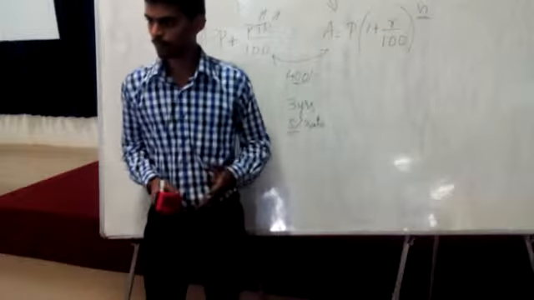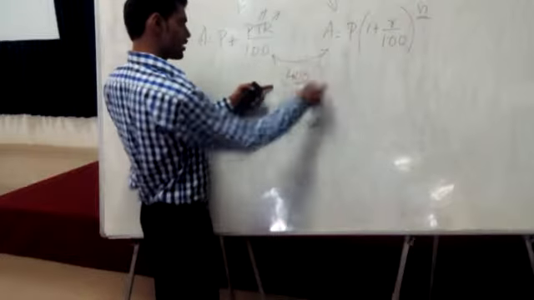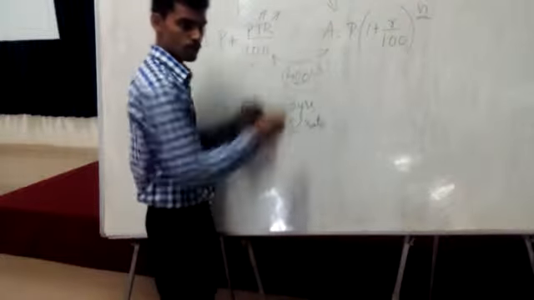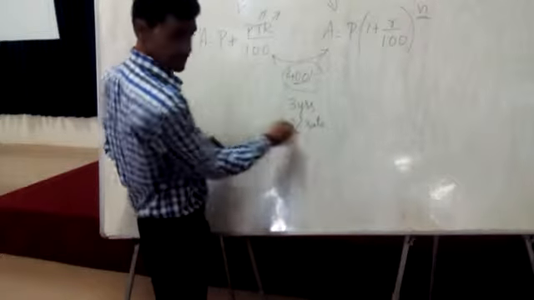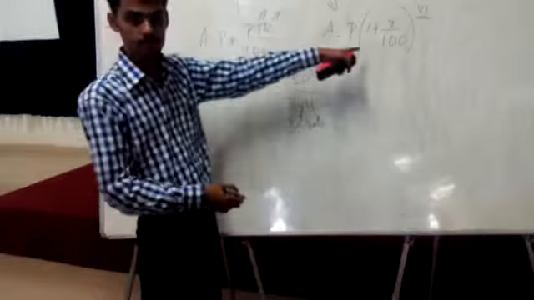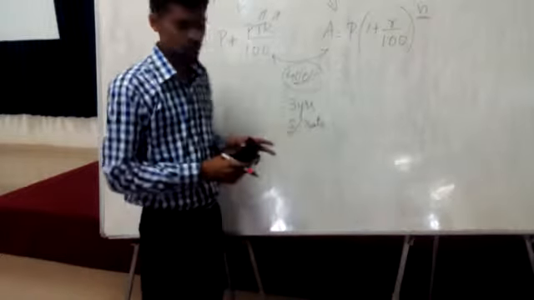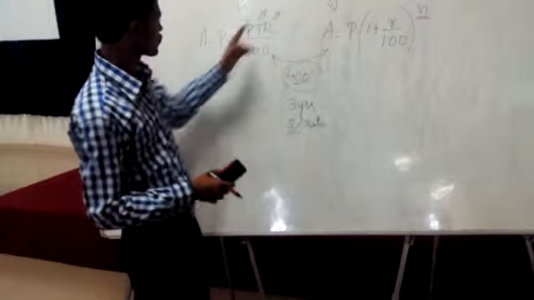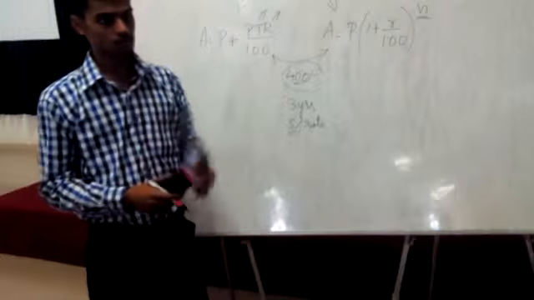Find the principal. You cannot use this 400 in either formula. This is the difference. So put 3 and 5% in these two formulas, take the difference, and equate it to 400. You know T and R, there is only one unknown, which is P. You can do it, but it takes a lot of time.